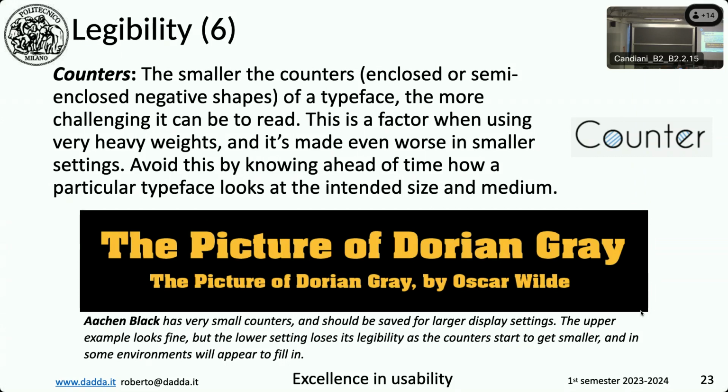This is a beautiful font, it's Aachen Black. I don't dislike it, but it's not readable. So when a font is not readable, it does not mean that you should not use it, but use it if you like for a title. Use it for a caption. Don't use it for the whole text because people will be fed up already.